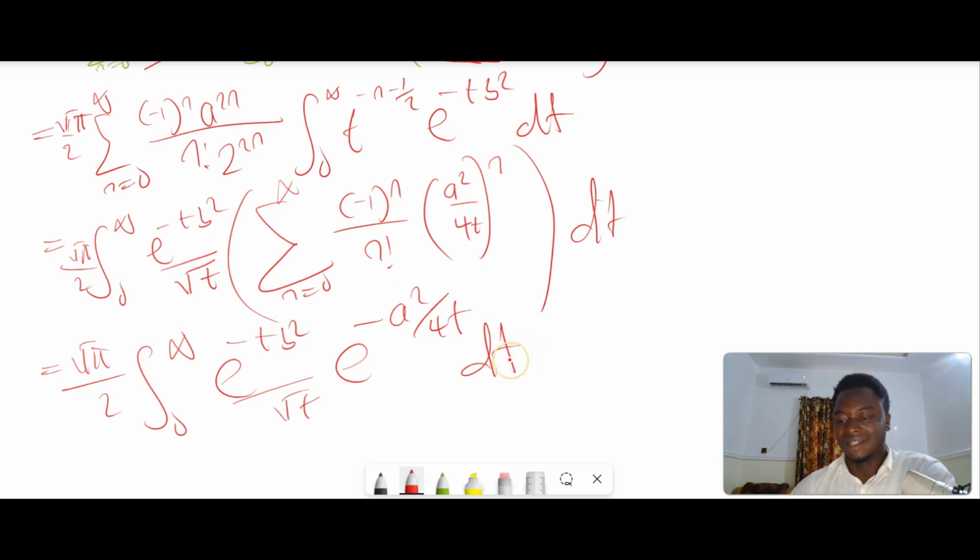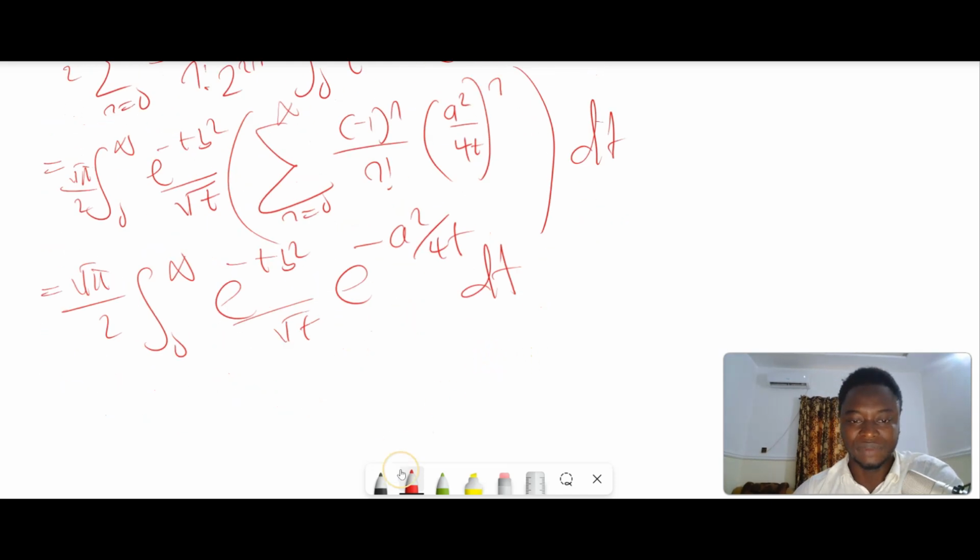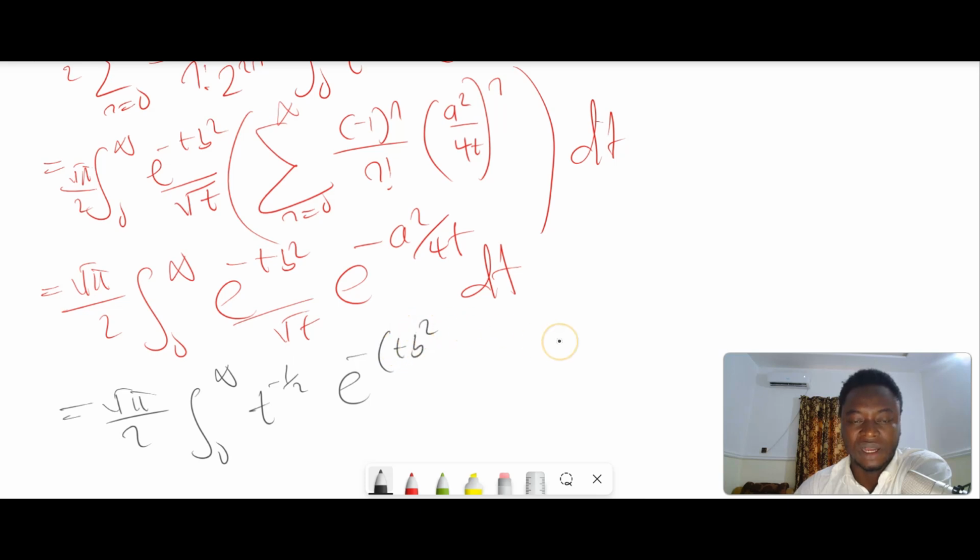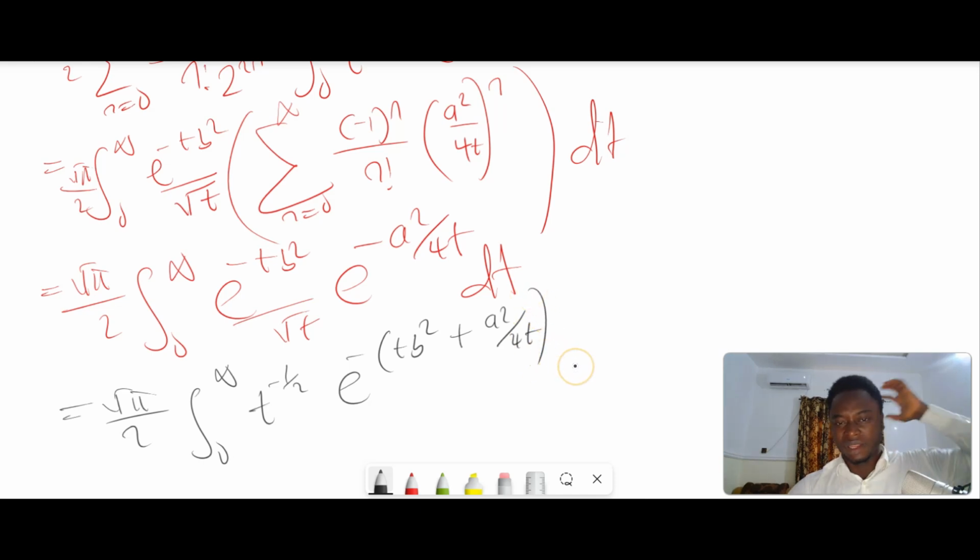So you can see we have simplified this problem considerably, because next we could write it as square root of pi over 2 integral from 0 to infinity of t to the negative half, e to the negative (t b squared plus a squared over 4t) dt.